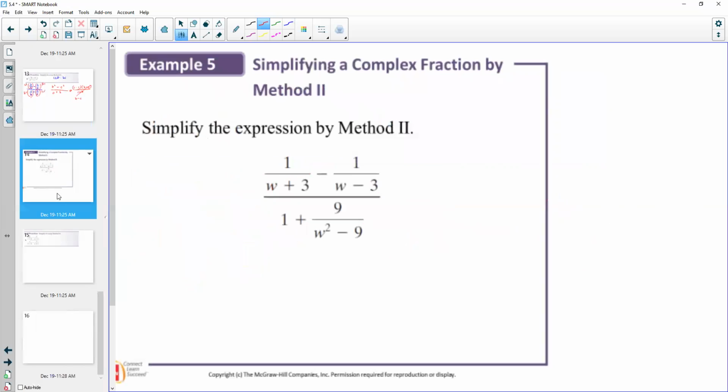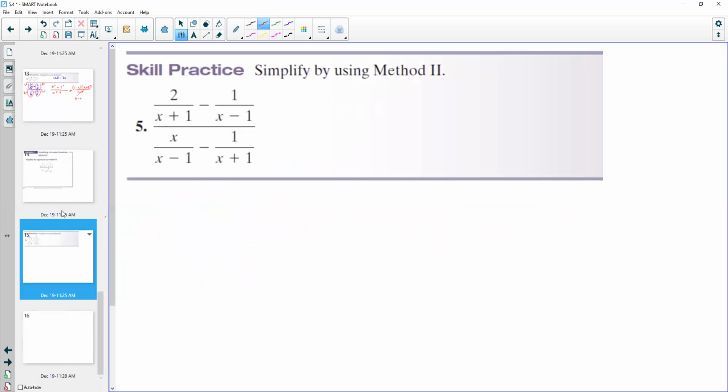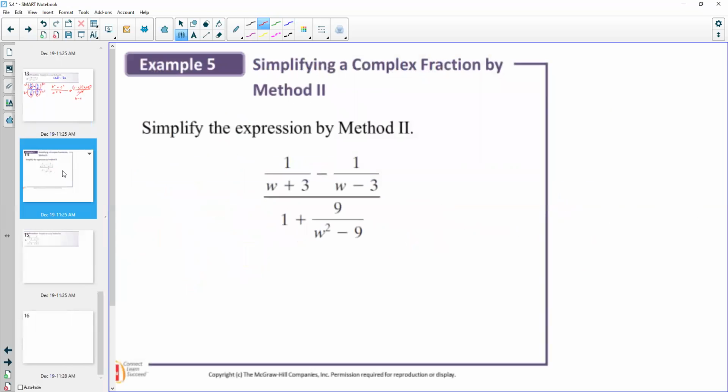All right, so let's do one more. Yeah, this one is worth doing. Okay, so look at the denominators. Remember, factor first. So this is W minus 3, W plus 3. Oh, I missed a parenthesis.